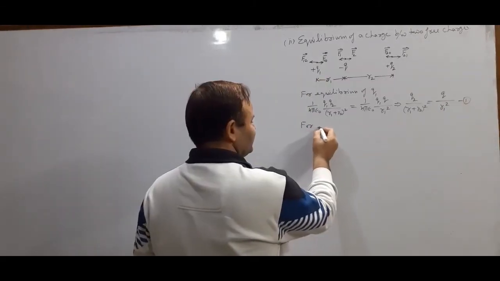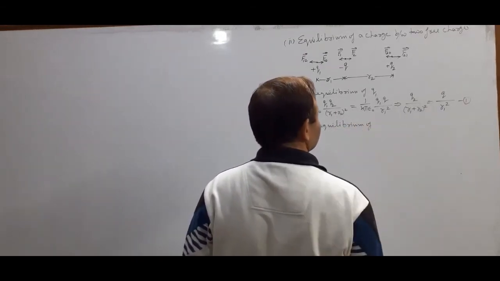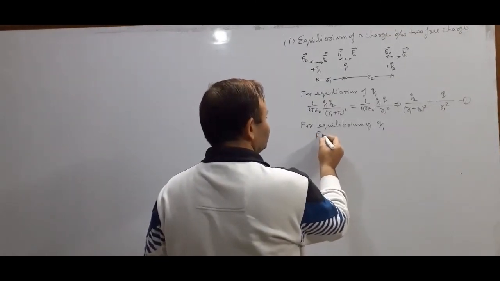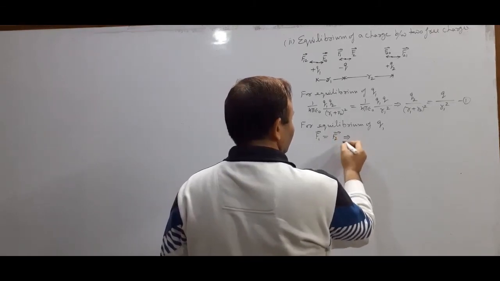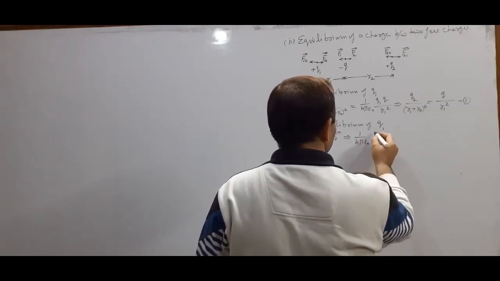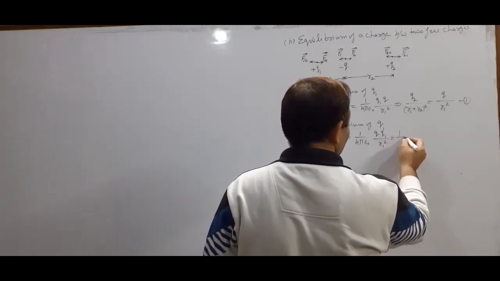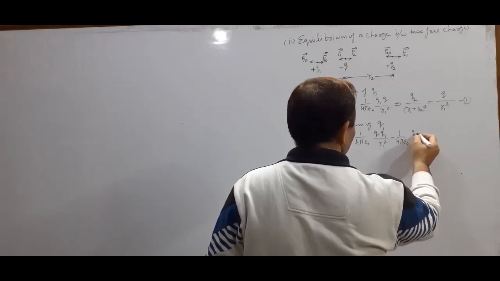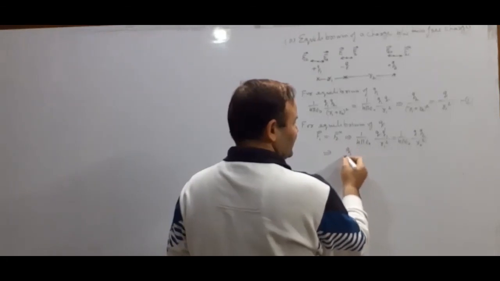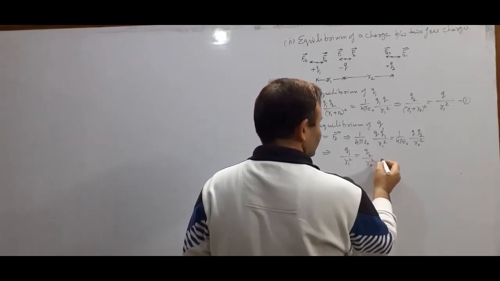For equilibrium of Q, F1 is equal to F2, which implies 1 over 4 pi epsilon naught Q1 upon R1 square is equal to 1 over 4 pi epsilon naught Q2 upon R2 square, which implies Q1 upon R1 square is equal to Q2 upon R2 square.